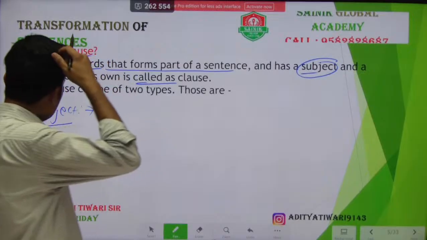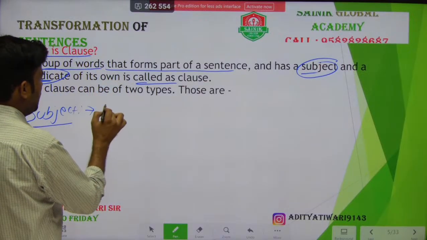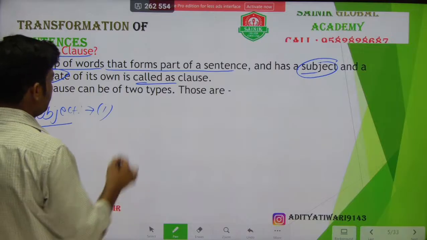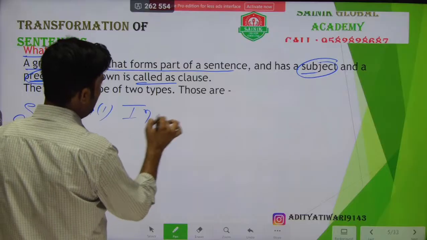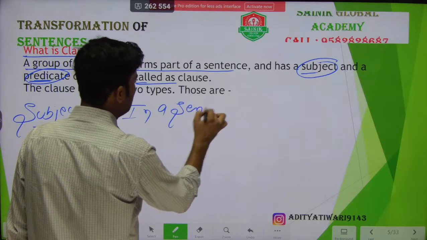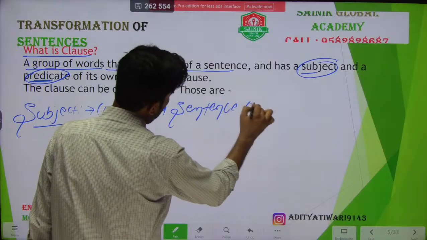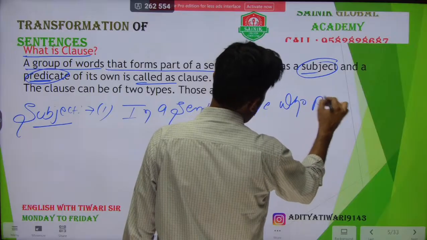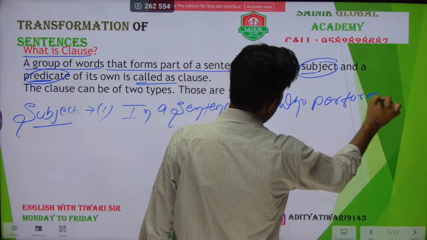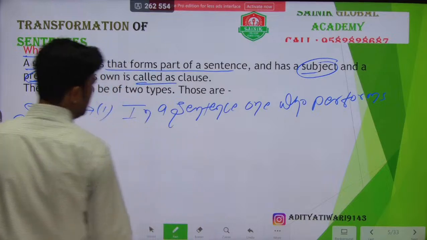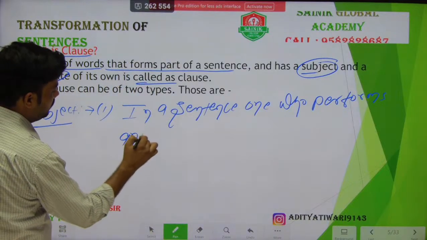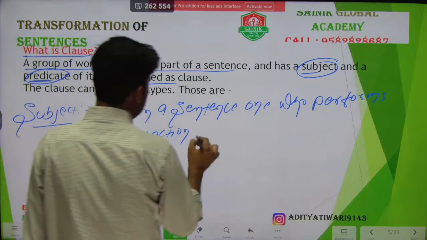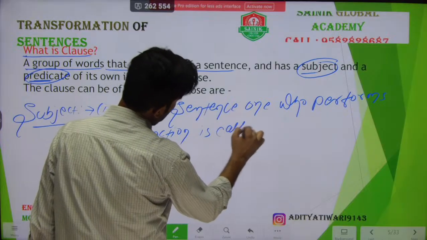So see, subject, there are two ways where we can understand what is subject. Here I am writing in a sentence: one who performs any action is called subject.